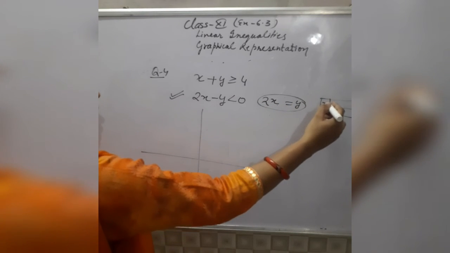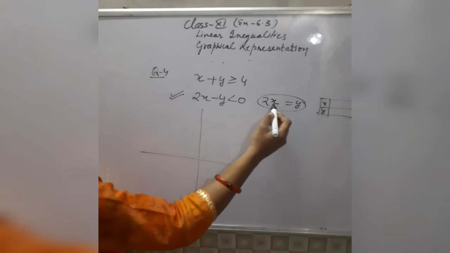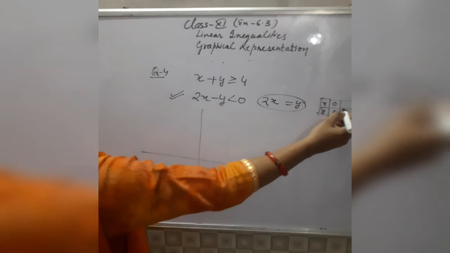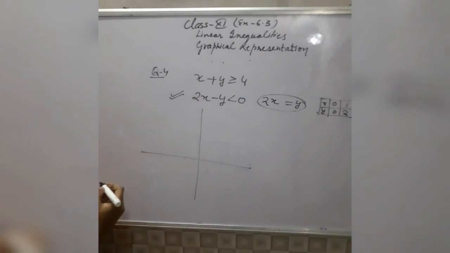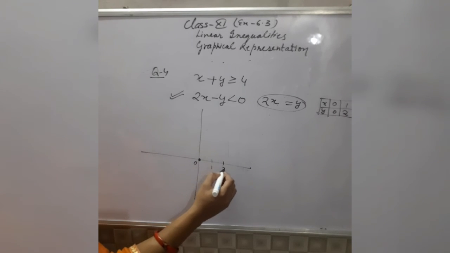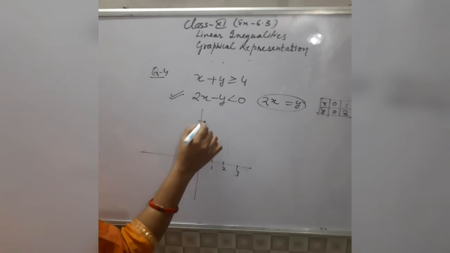So the table for this linear inequality: if you take x equal to 0, the value of y is 0. If you take x equal to 1, the value of y is 2. Means this line passes through the origin.